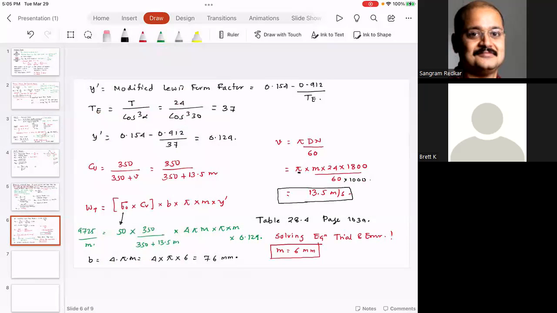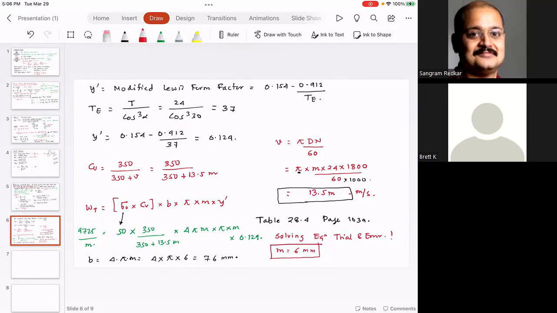Can you please check if this answer is correct? If you take pi times 24 times the RPM, divide that by 1,000 and divide by 60, not touching the 60 at all, then you get 13.5.